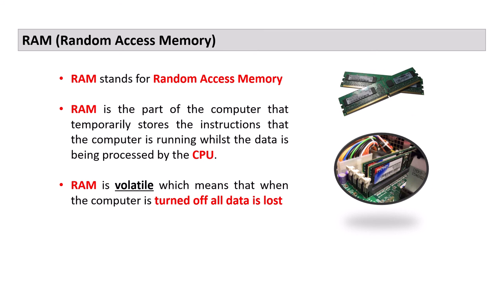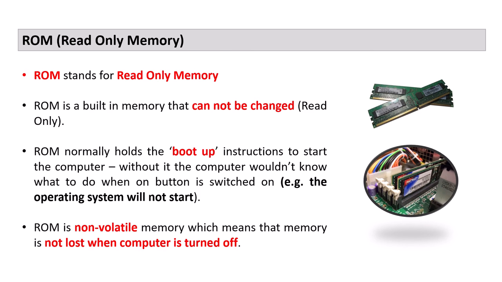This means that when your computer is switched off, all the data in the RAM is lost. You can see examples of some RAM cards over here. If you try to open up a spare CPU you have at home, you will be able to see these RAM chips. The other part of the internal main memory is the ROM, the read-only memory.